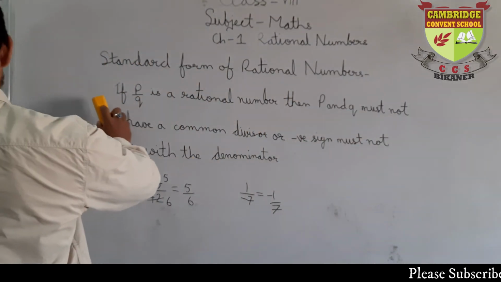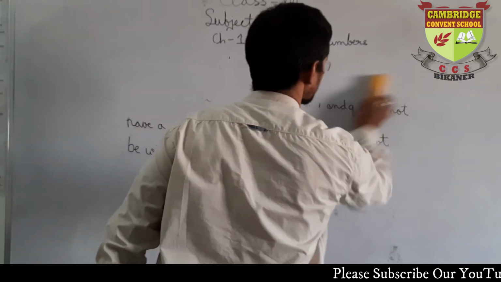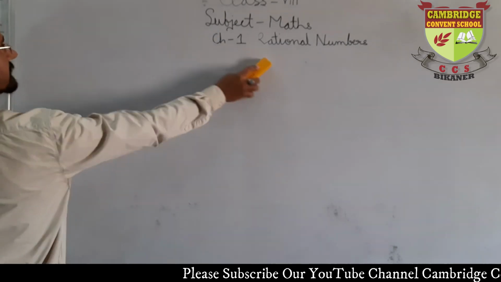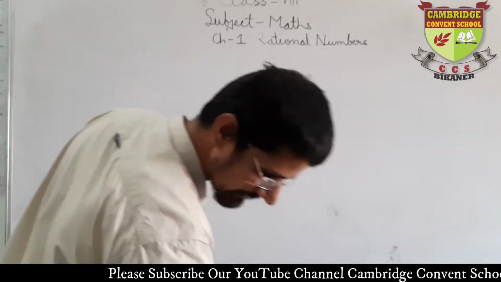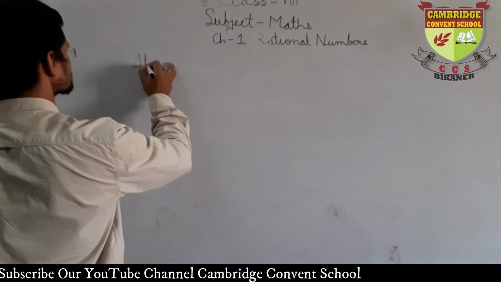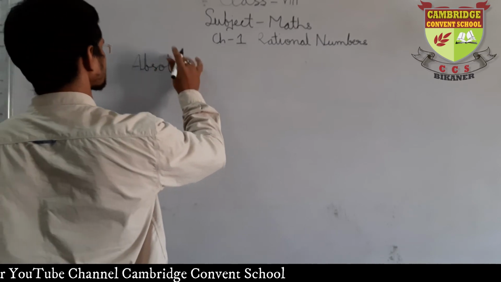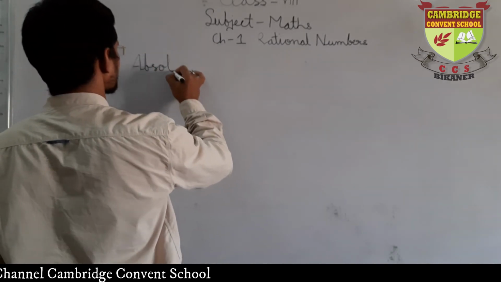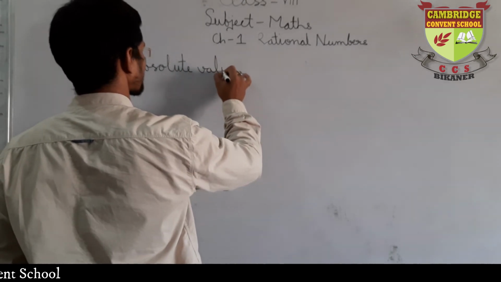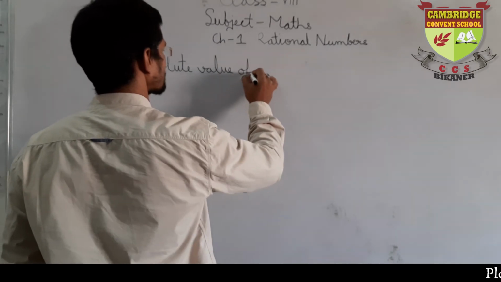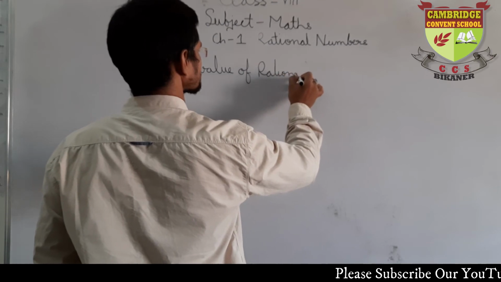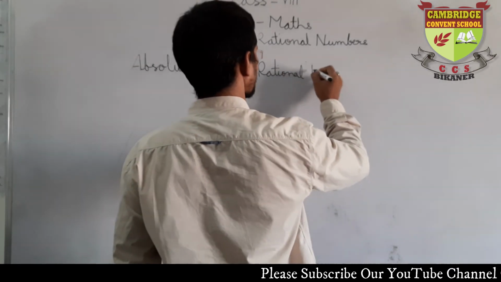Now let's look at one more thing that is used in rational numbers, that is the absolute value of a rational number.